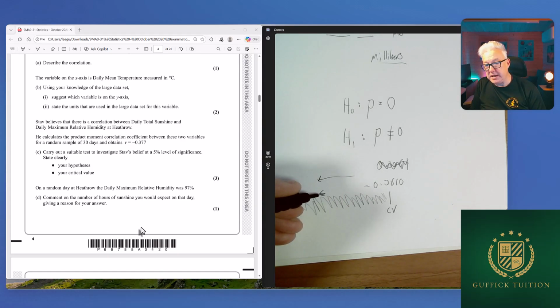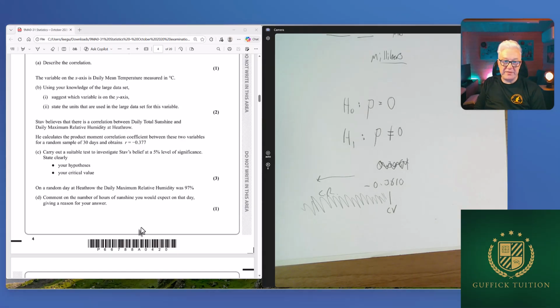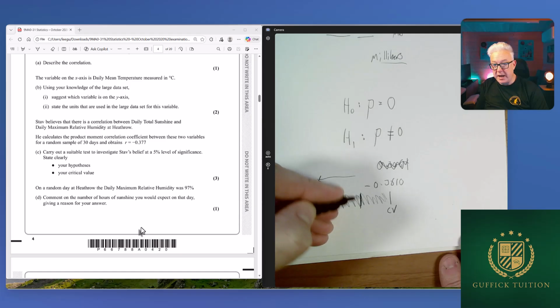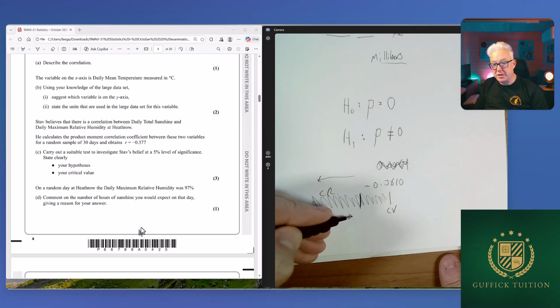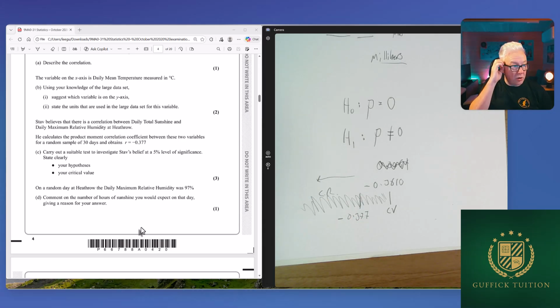And let's see where Stav's value falls within this. Stav's value is minus 0.377, and minus 0.377 is less than minus 0.360. In other words, we are in the critical region.